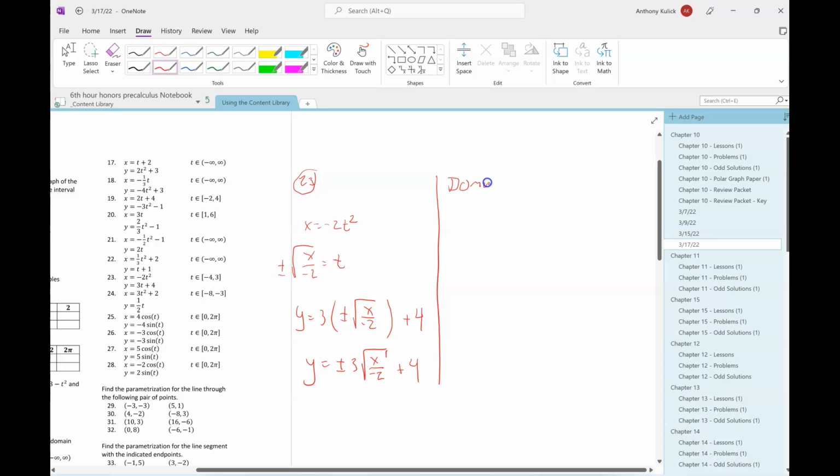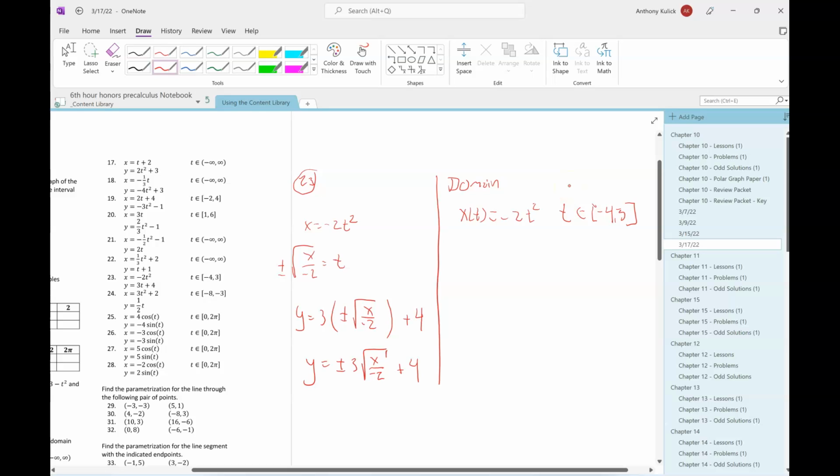So to do the domain then, we're going to worry about the x equation. So that is -2t², and my t goes from -4 to 3, I think, if I'm reading that correctly. Okay.